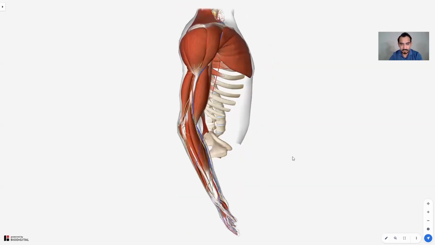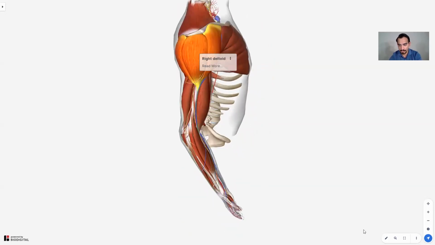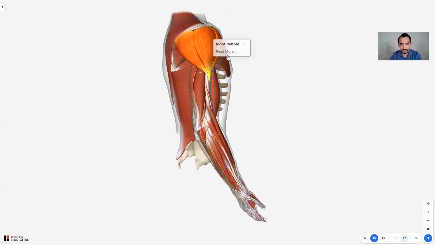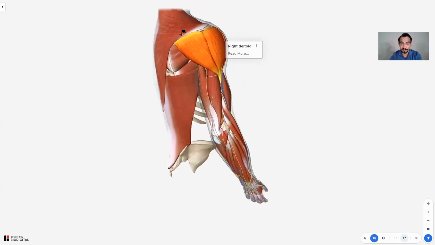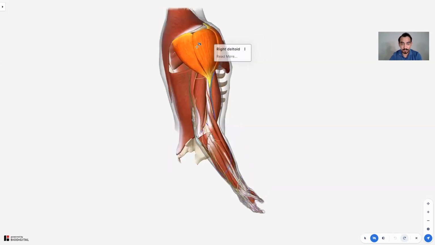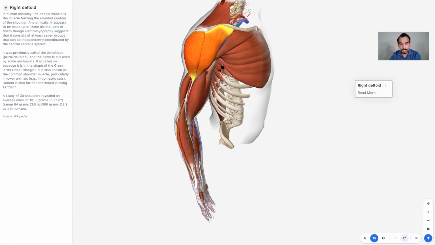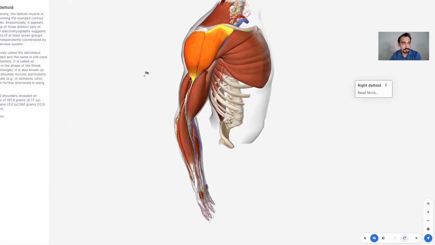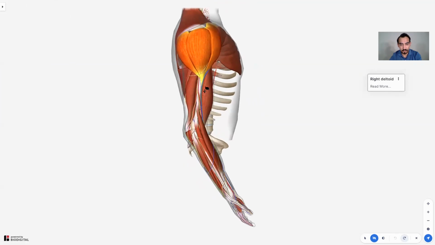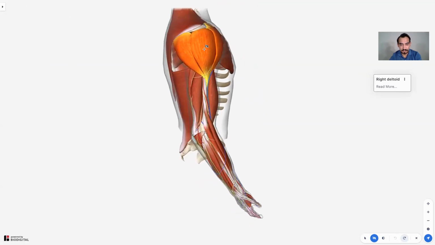If you remember, this is our deltoid. I'll take this one off quickly because you know where it starts. It originates from the spine of the scapula and the lateral part of the clavicle, and it inserts at the deltoid tuberosity, which is at the shaft level.